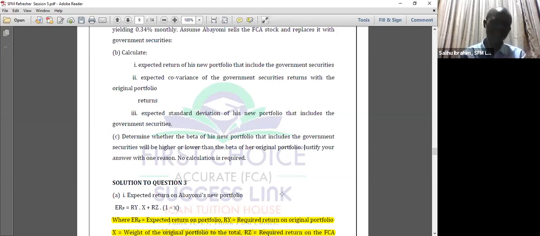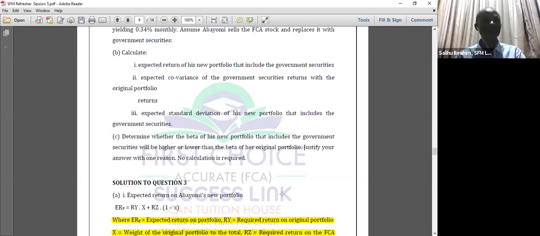Okay, when you add an investment that is not having risk to your existing risky investment, what do you think will happen to the risk of the portfolio as a whole? The risk of the portfolio should go down because you have added an investment that is risk-free. It's just like weighted average.